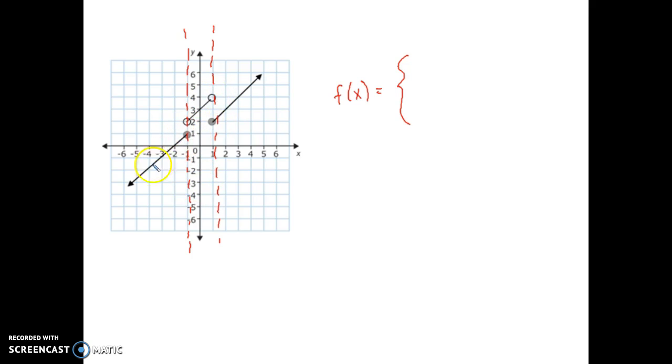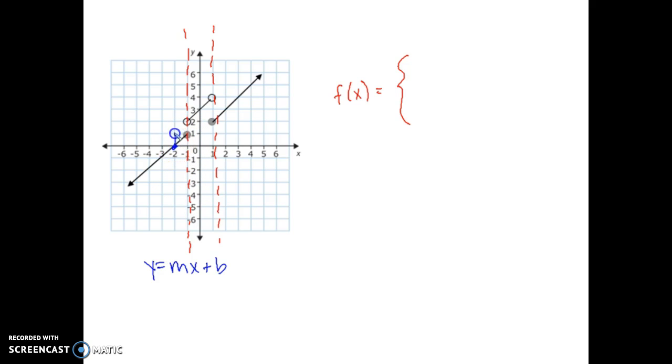So if I start with the far left side, this is a linear equation. Whenever we do a linear equation, we use our slope-intercept form. So we got y equals mx plus b. So I need to know my slope and my y-intercept. Here's a point, and here's a point.